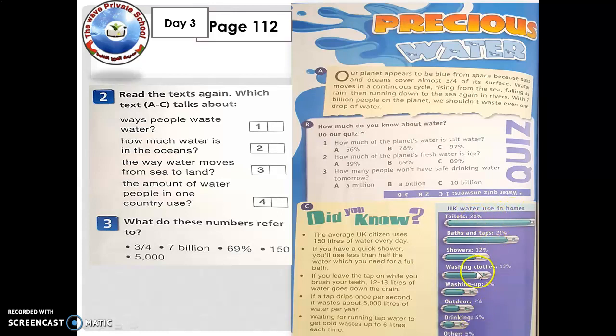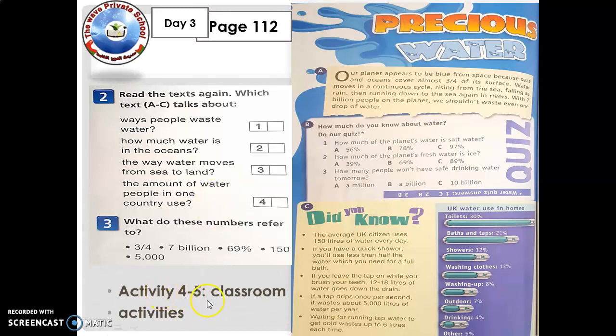There is a chart on how they spend water. In number 3, what do these numbers refer to? You will be the one to answer this. You will find the numbers in these 3 articles. You can do it in your book.